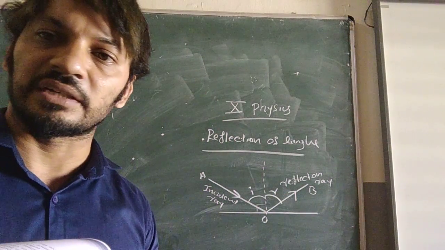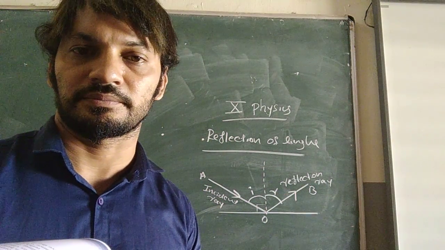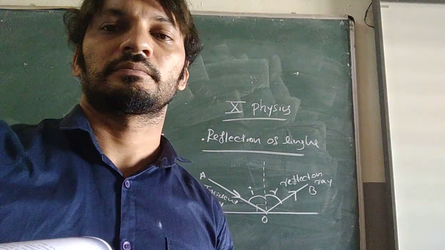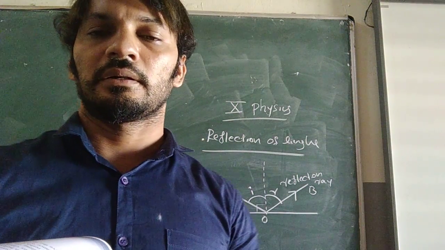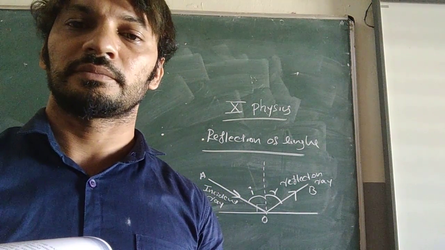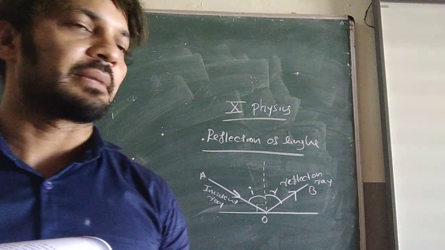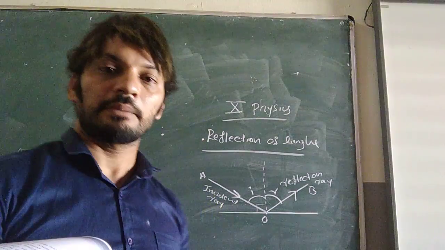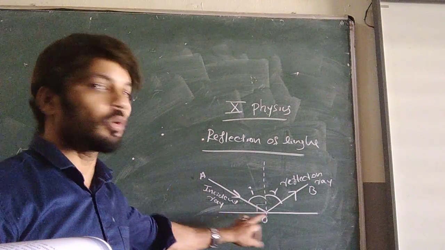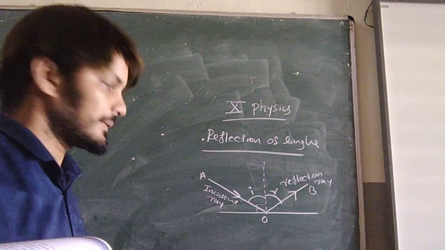Small r is known as the angle of reflection. This is a plane mirror. In a plane mirror, AO is known as the incident ray.